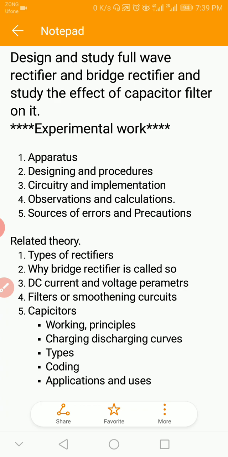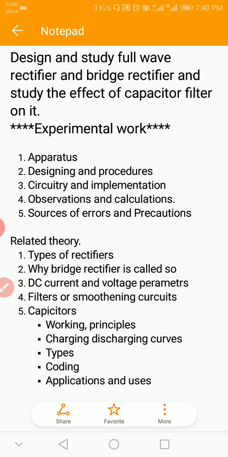Then capacitors, working and principles, charging and discharging curves for capacitors, types of capacitors. Here both categories are necessary to mention.